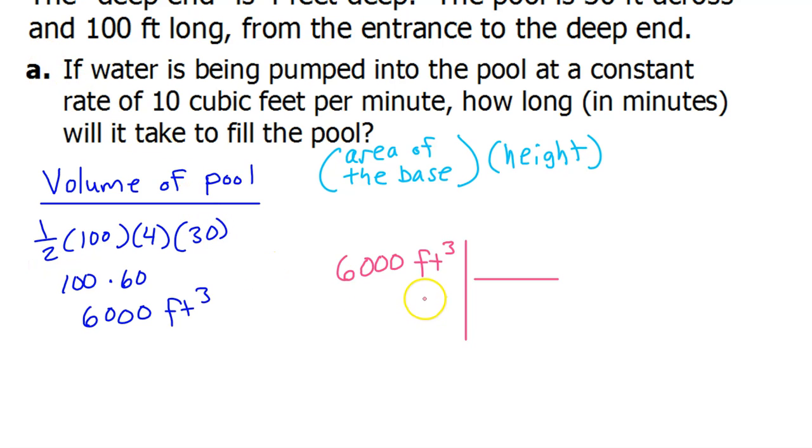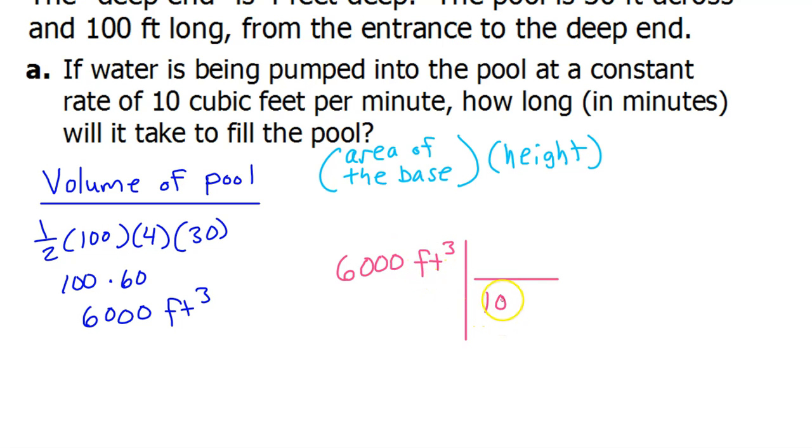I'm thinking of this as a unit conversion problem. I want to convert cubic feet into minutes. So we know that it is 10 cubic feet per minute. So I want to multiply by a fraction involving 10 cubic feet and 1 minute. But the question is, do I put the 10 cubic feet in the numerator or in the denominator? Well, I need to cancel out the cubic feet.